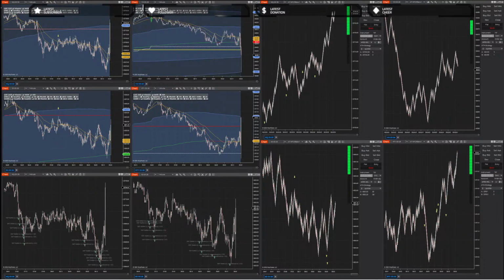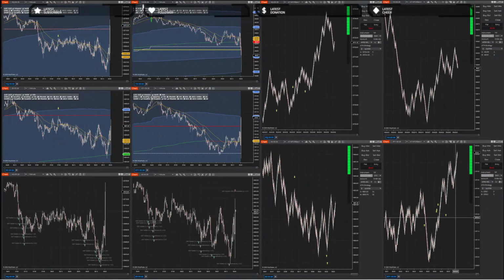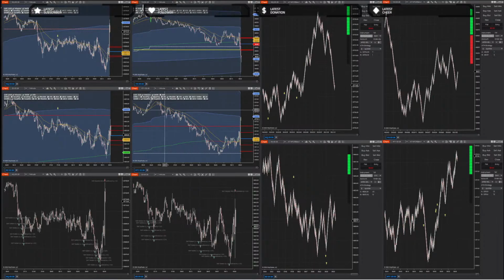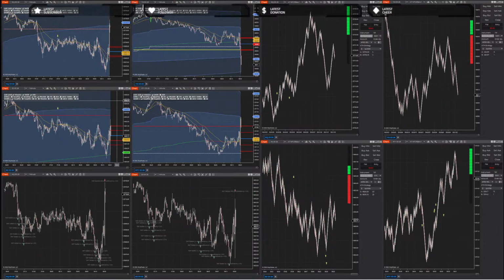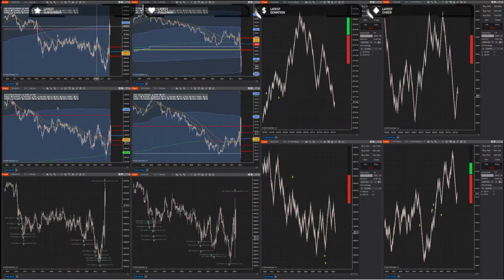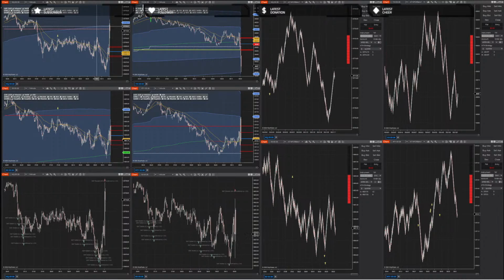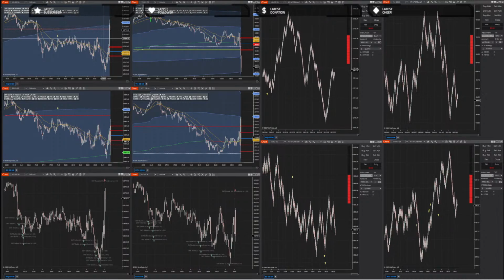As you can see on my chart, there are multiple indicators, so let me go ahead and explain. All of these are custom indicators. You have the VWAP, which is included in NinjaTrader and is not proprietary.